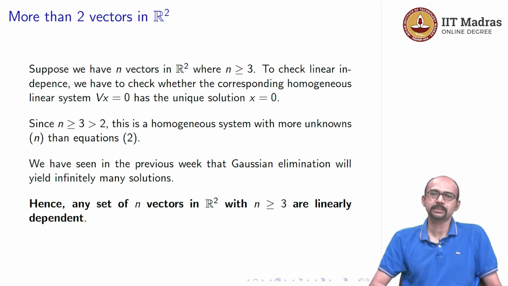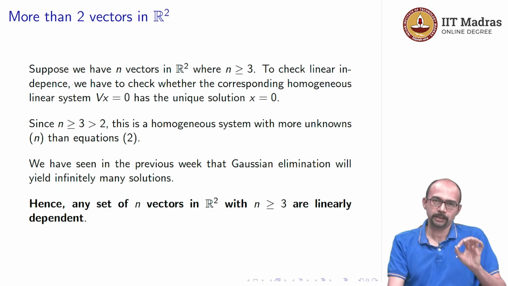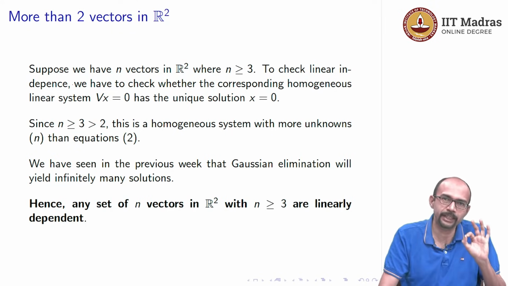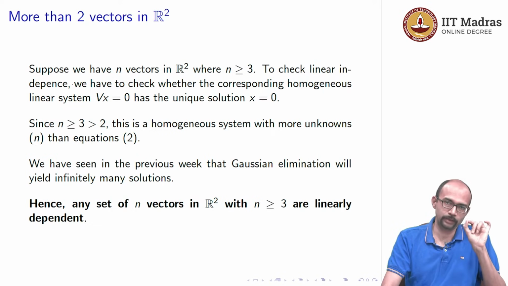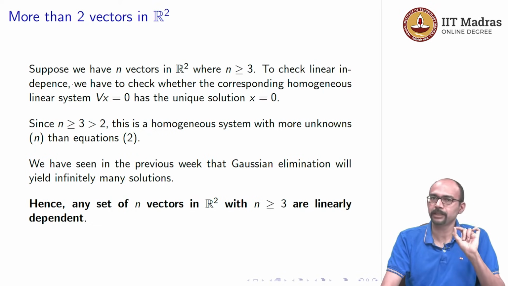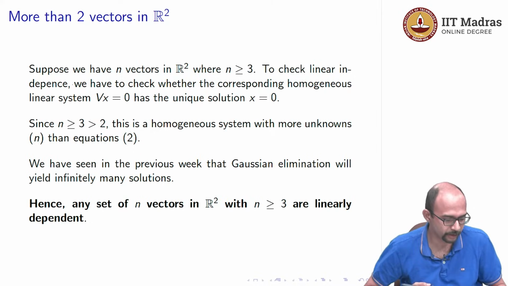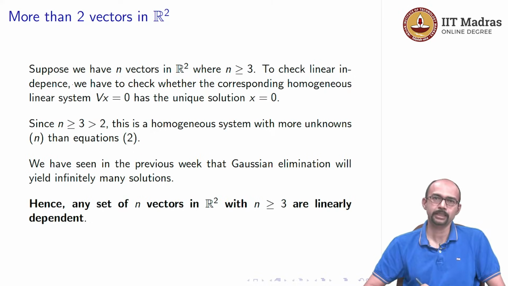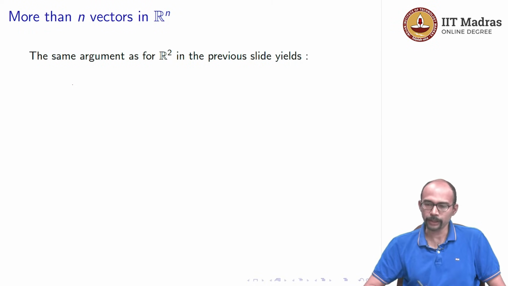So, you can see that this number somehow picks up the fact that we are in R2. Yeah, so, we are in R2, and this fact is being picked up by linear independence. Yeah, this is important, and we will see this shortly in our next few videos. Okay, we can generalize this. Suppose you are in Rn and you have more than n vectors.